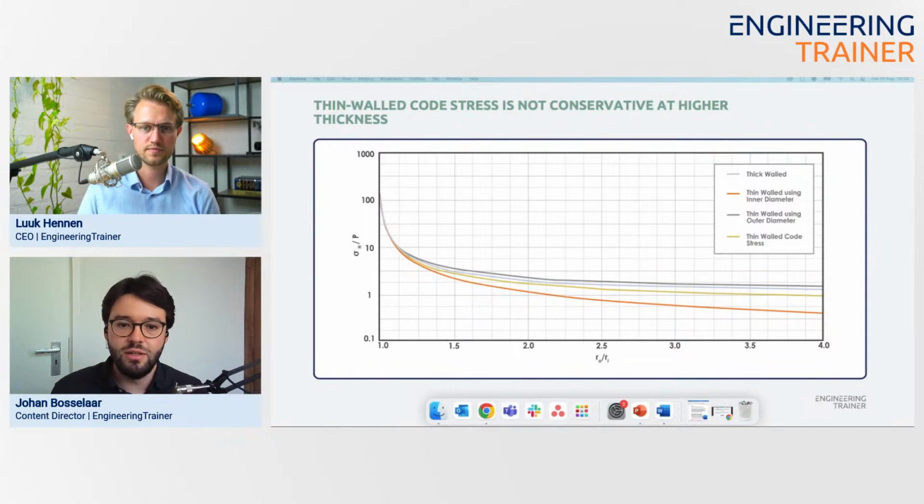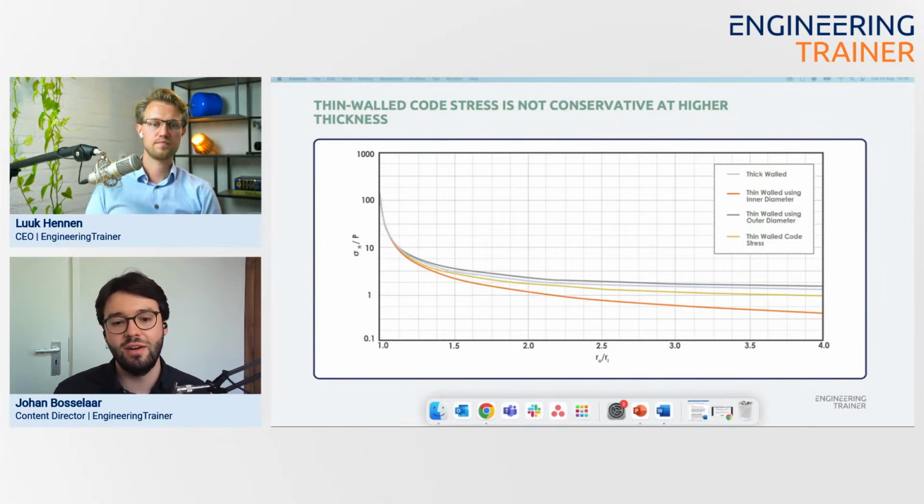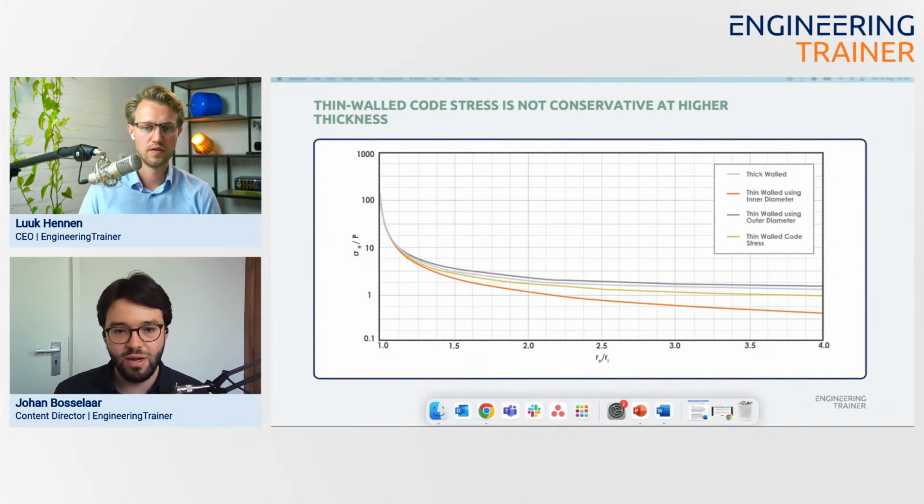So on the left axis, you can see the hoop stress divided by the pressure, and on the horizontal axis, you can see the outer radius divided by the inner radius. So the outer radius divided by the inner radius is a way of telling the thickness, right? So on the right side of the graph, you have very thick pipes, and on the left side of the graph, you have very thin pipes. So if it's 1, the outer radius divided by the inner radius, they are the same, right?